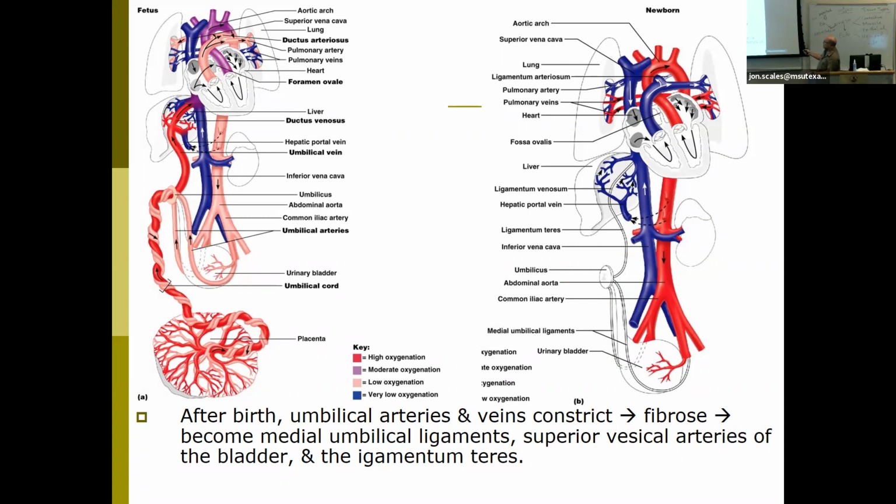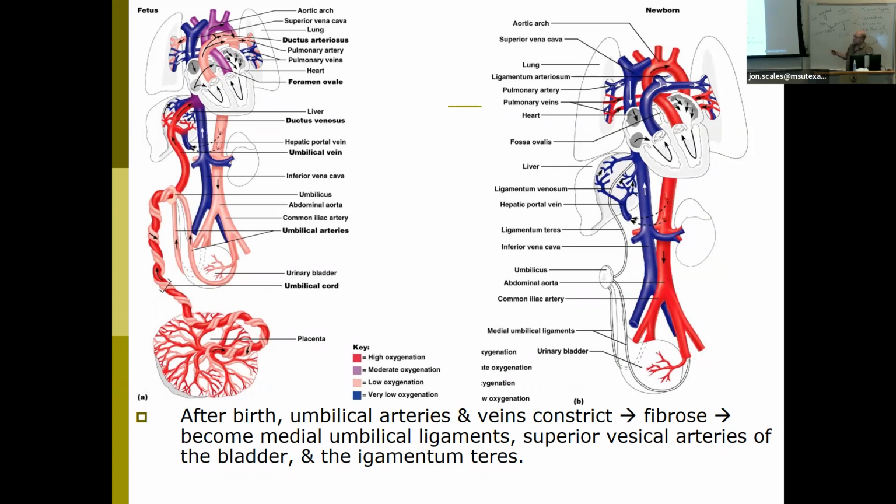But that would close with more blood flow coming straight through the pulmonary artery now, and resistance in the lungs, because now there's oxygen, air in the alveoli. The resistance here means most of that blood does not flow through the ductus arteriosus.